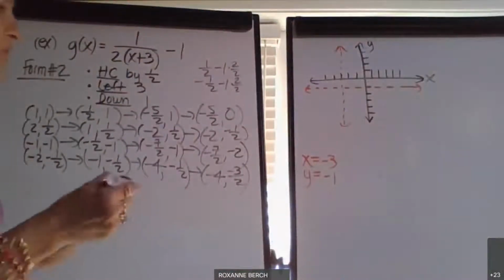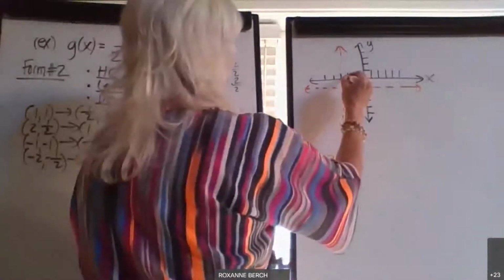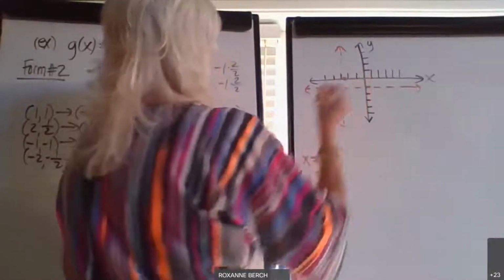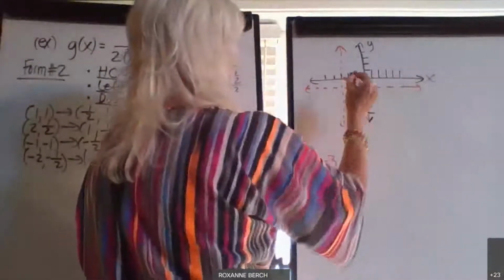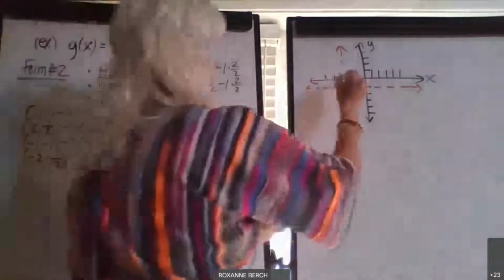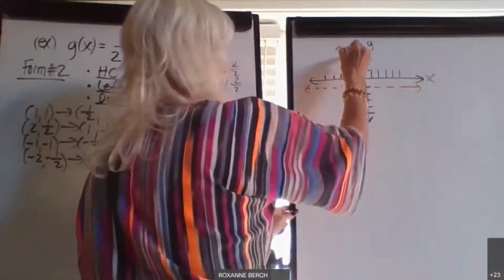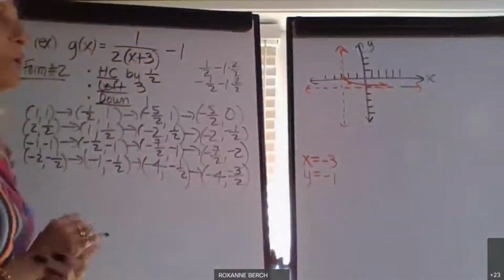Okay, now the points of the graph. This would be -2.5, so you go left 2.5, 0. And you go left 2, down 1/2. So you're going to run this part of the boomerang up along the asymptote and that part around that asymptote. Don't hit the asymptote.